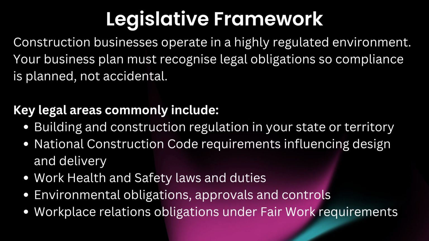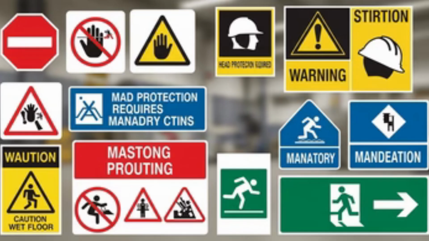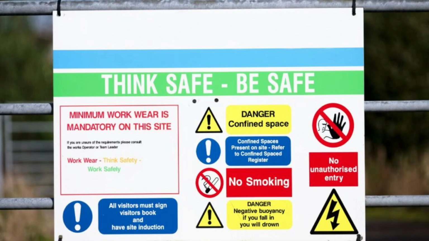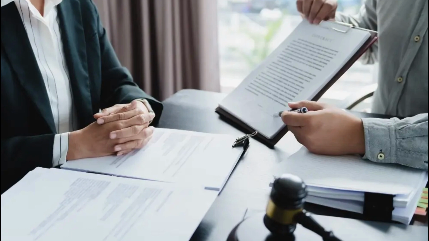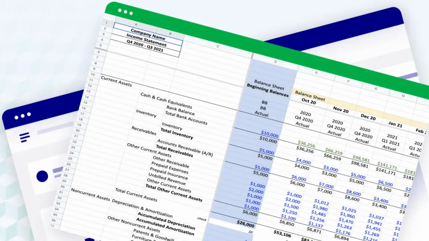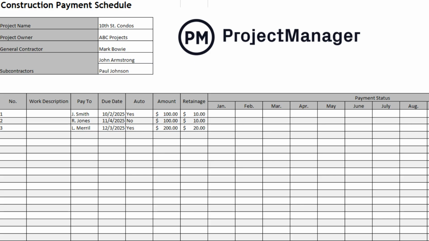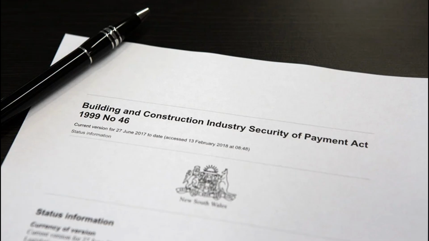Key legal areas commonly include building and construction regulation in your state or territory, National Construction Code requirements influencing design and delivery, work health and safety laws and duties, environmental obligations, approvals and controls, workplace relations obligations under Fair Work requirements, tax and superannuation obligations, privacy and record-keeping responsibilities, contract law and security of payment processes.